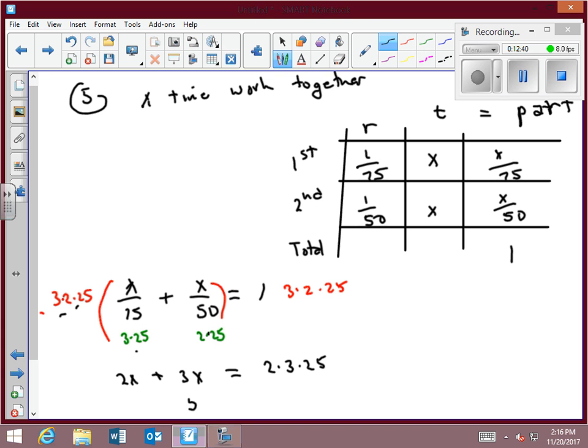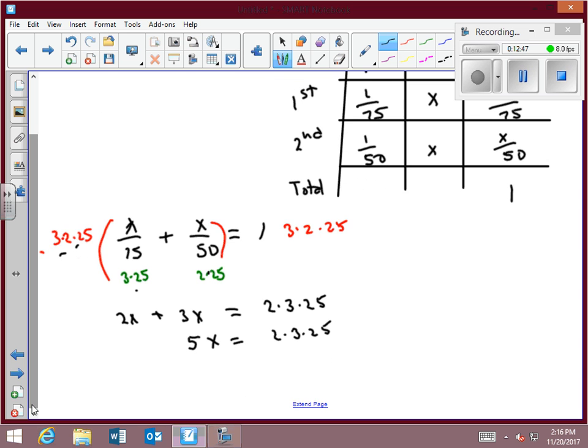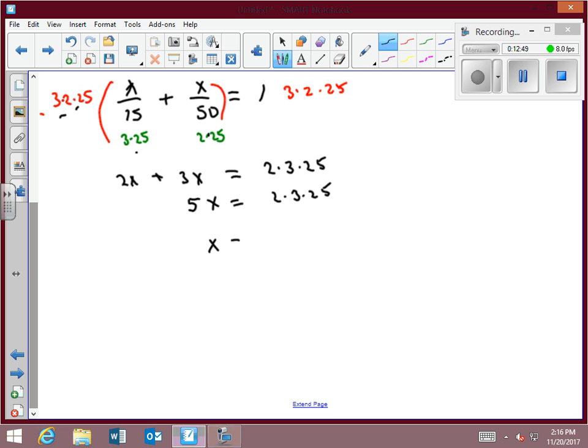So it's 5x, so x is going to equal 2 times 3 times 25 all over 5. The 5 goes into 25 5 times. 2 times 3 is 6 times 5 is 30. So 30 hours when both are working.